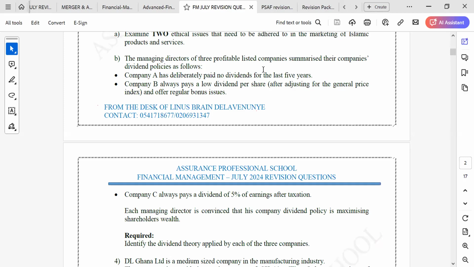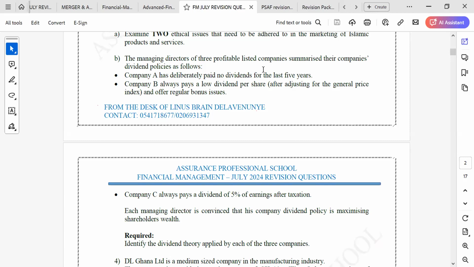To this school of thought, a dividend payment is a sign of the company doing well. If you are not paying dividends, it means that you are not doing well, so our investment will be lost. So they use the dividend as a performance measure for the company.